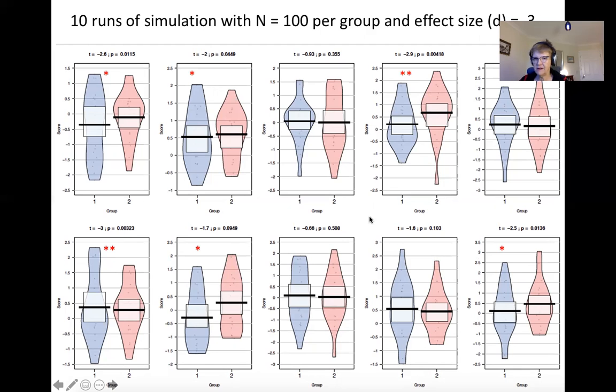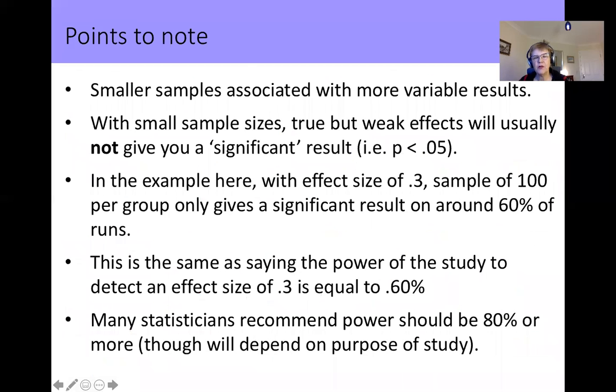So the points I want you to pick up from this is that smaller samples are associated with more variable results. But if you've got small sample sizes, true but weak effects will usually not give you a significant result. So here, with an effect size of 0.3 and a sample of 100, we got a significant result on about 60% of runs.